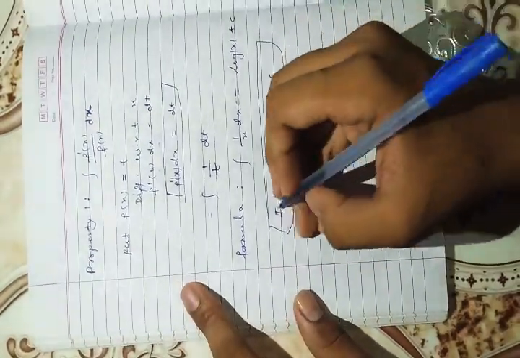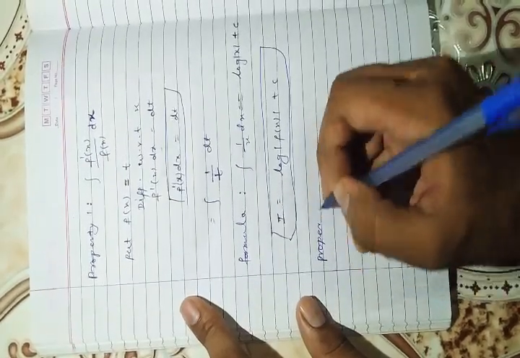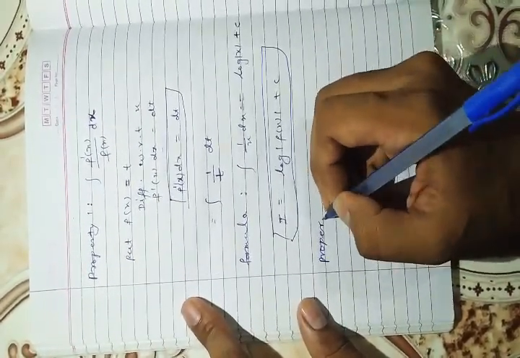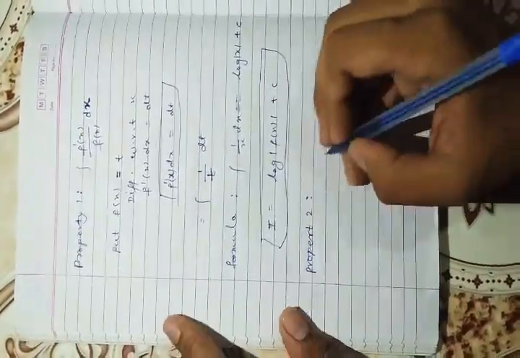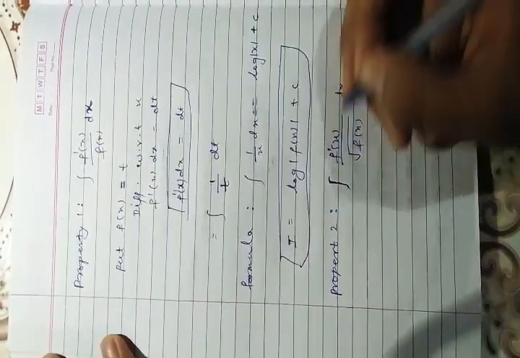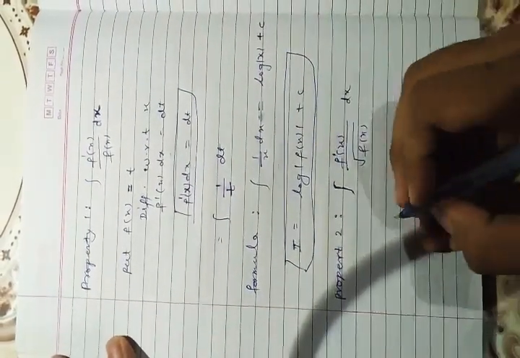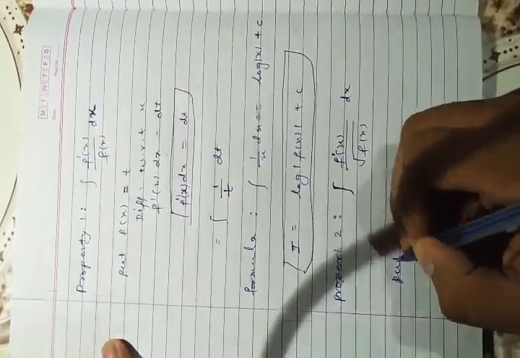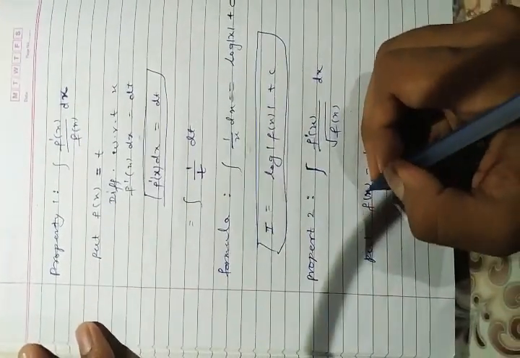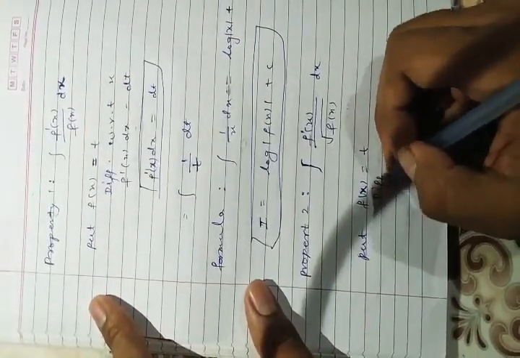And there is another proof, property number 2, and then I will take an example. We proceed as earlier; the same procedure I am going to follow. Put f of x equal to t, and again differentiate.